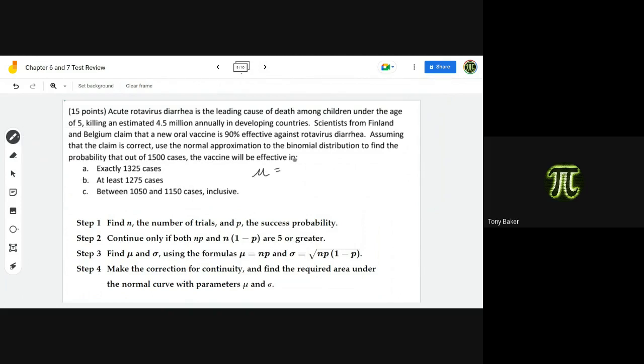So my mean, in this case, we have 1,500 times 0.90, because we looked at 1,500 cases and it was 90% effective, which is 1,350.